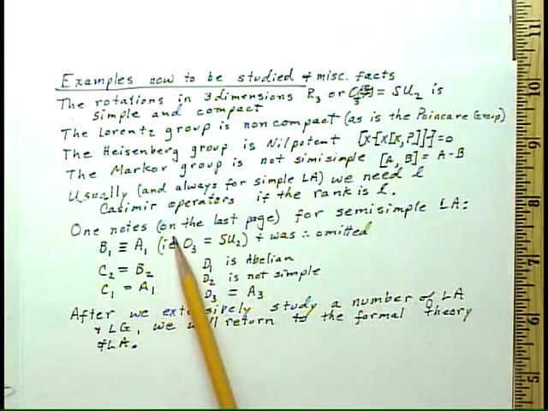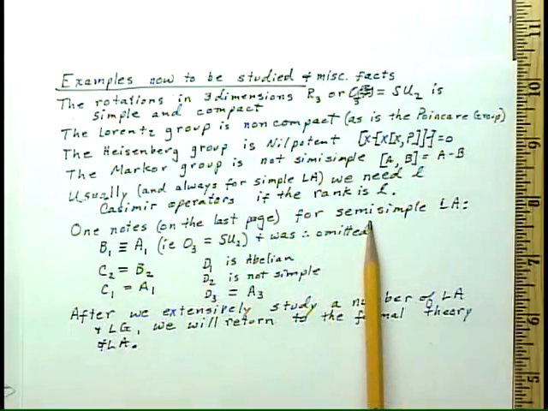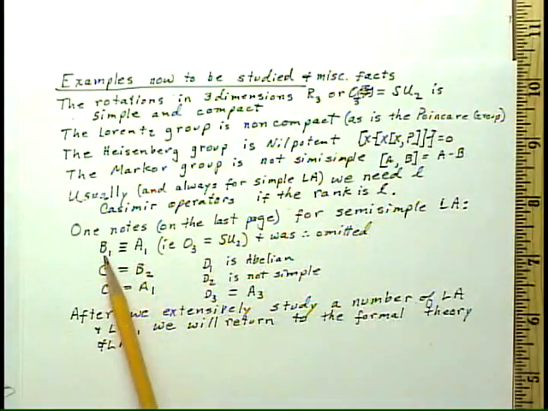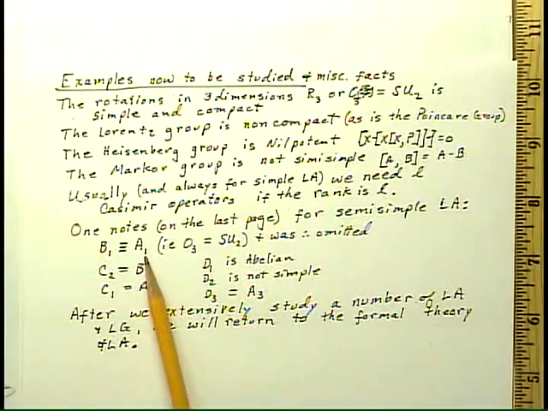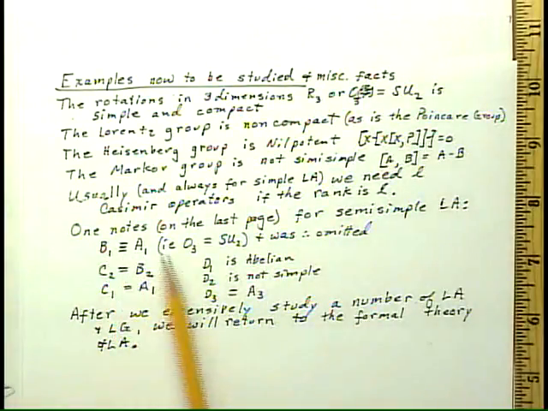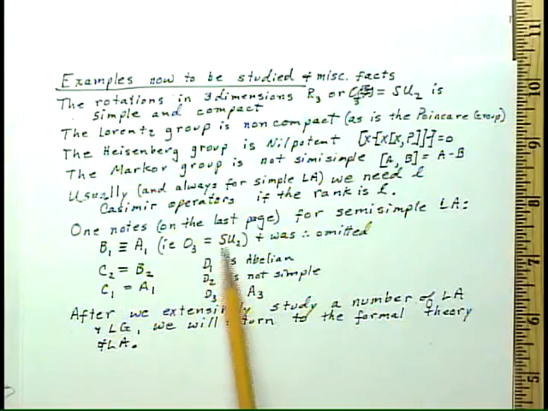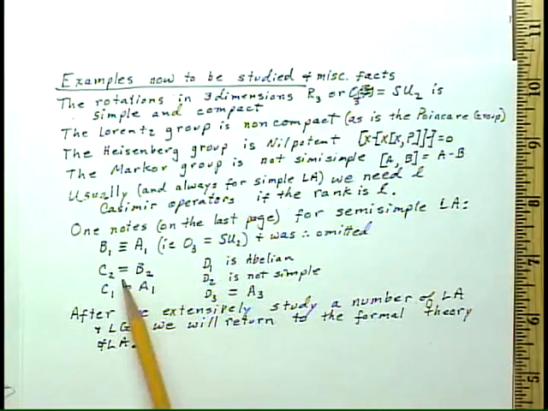Now one notes, and we went over this a little bit when we talked about the various algebras, for the semi-simple Lie algebras, B1 was the same as A1, and therefore B1 was not listed. That is, the orthogonal group in 3 dimensions is SU2. It turns out that C2 is the same as B2, and C1 is the same as A1.